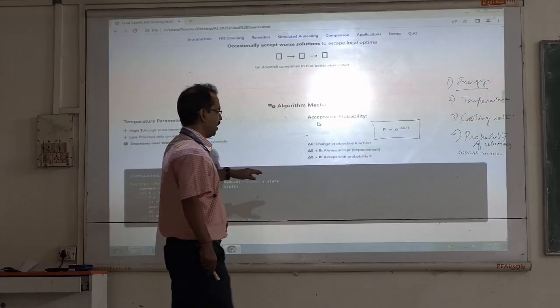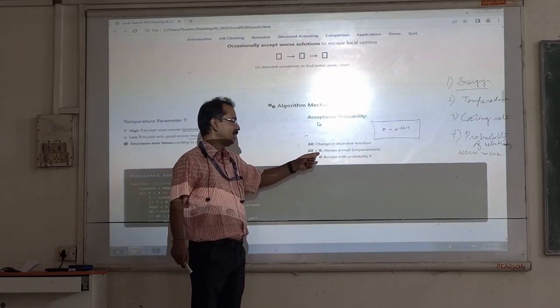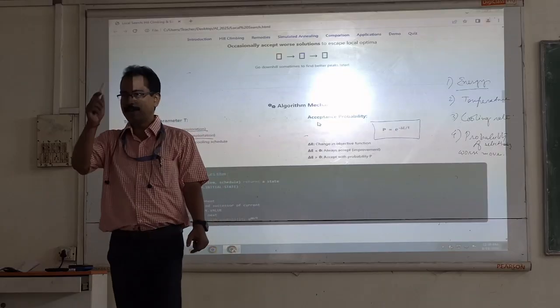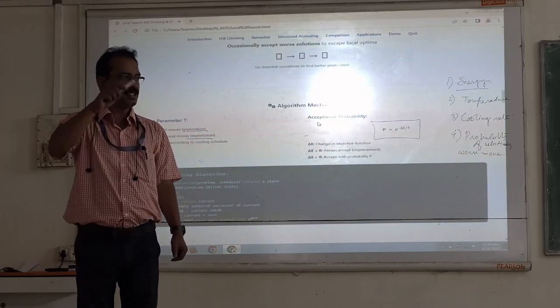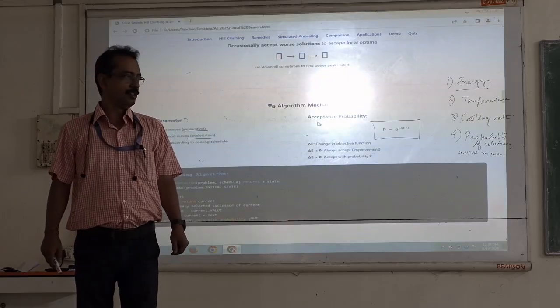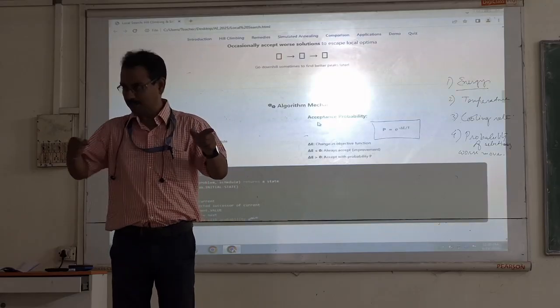So from this, what is written here, if delta E is less than 0, what does this mean? It is actually calculating Eval C minus Eval N. Is it or not? Then only delta E will be less than 0 for the better moves.